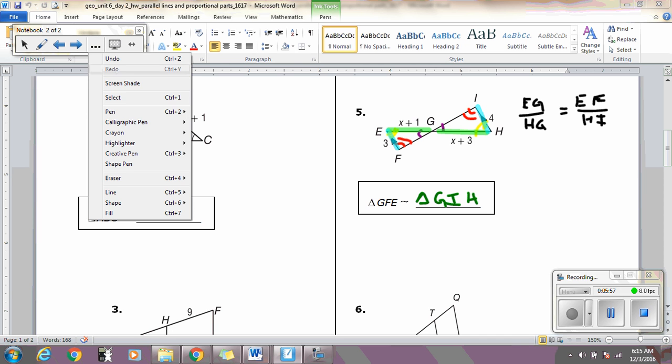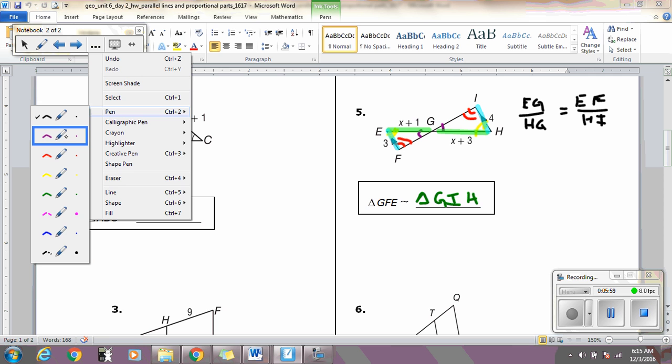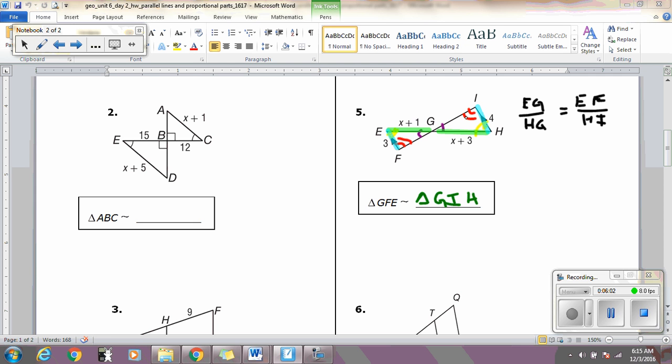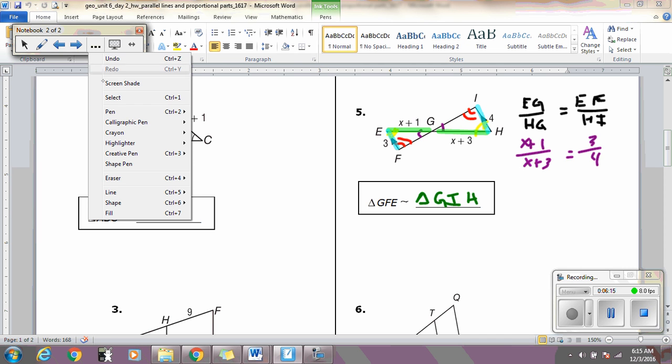So now let's insert the values that they provide us. EG being x plus 1. HG is x plus 3. EF is 3. HI is 4. So now let's cross multiply.